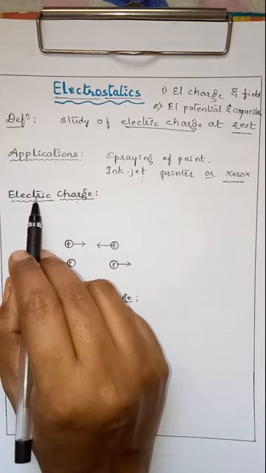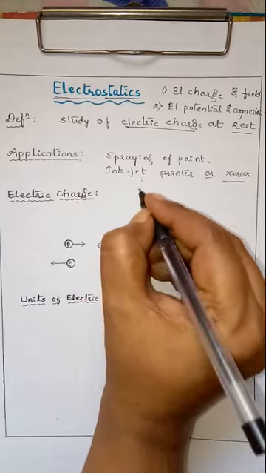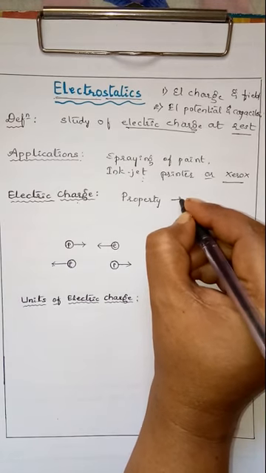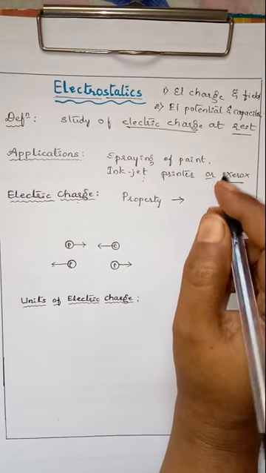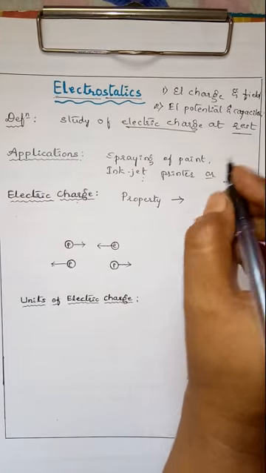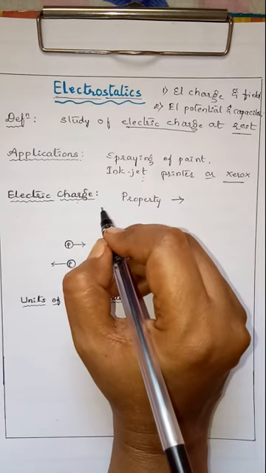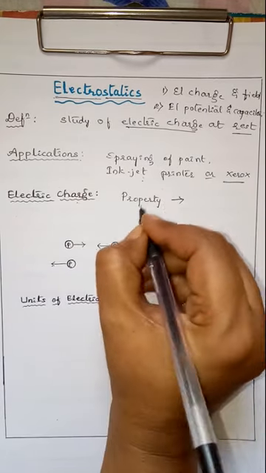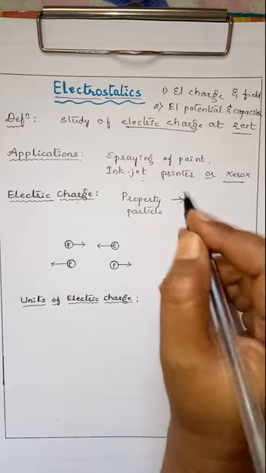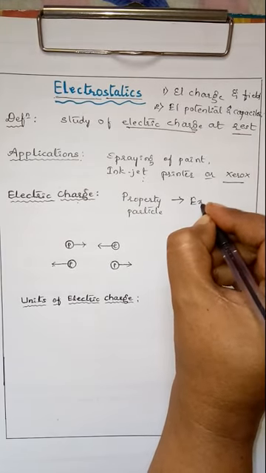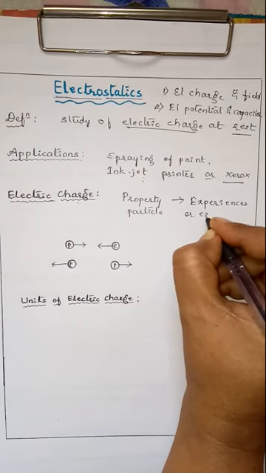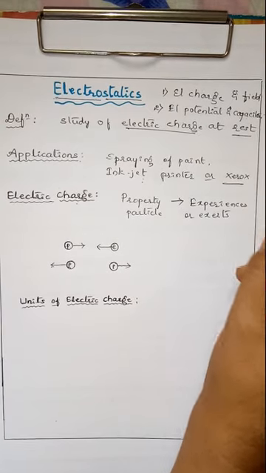Hence, we can define electric charge as the property by virtue of which two particles exert or experience the electrostatic force. Again I'll repeat, it is a property associated with a particle by virtue of which it experiences or exerts what type of force?